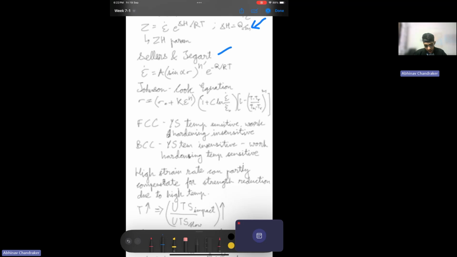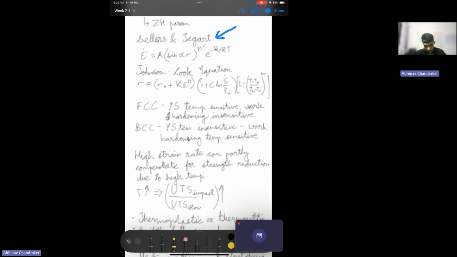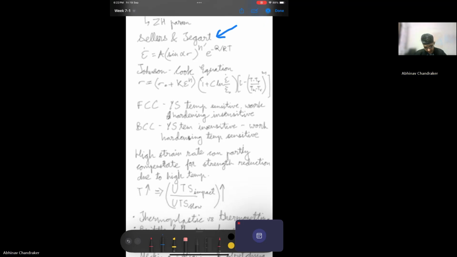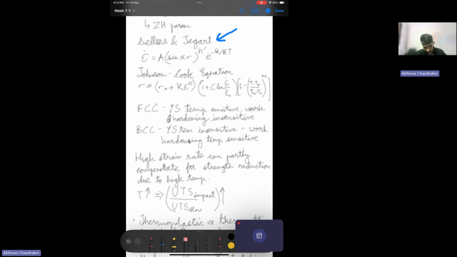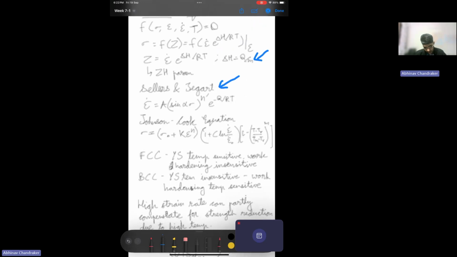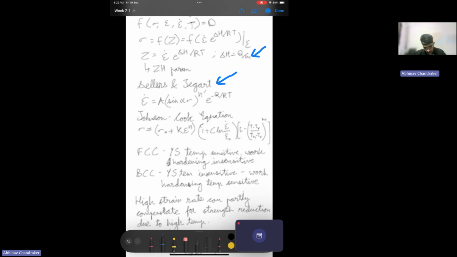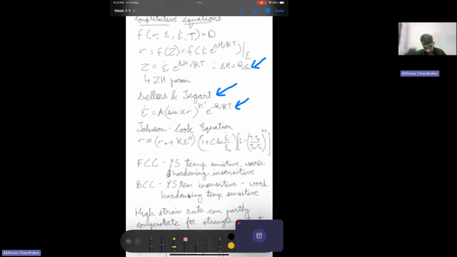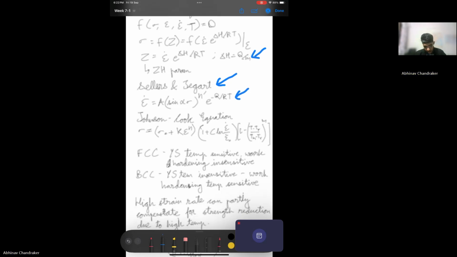Then you have the Sellers and Tegart relation. It relates the change in stresses, but also takes into account temperature. So this is a slightly different way, a different equation, to calculate the same quantity.